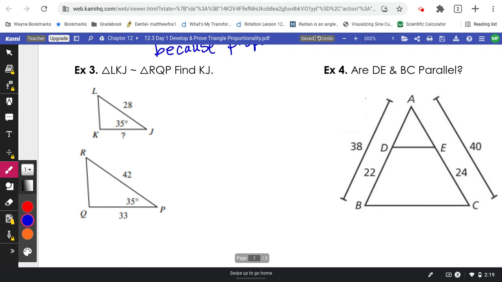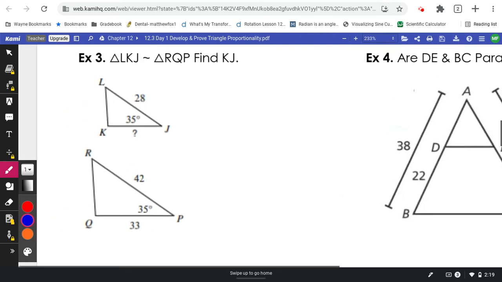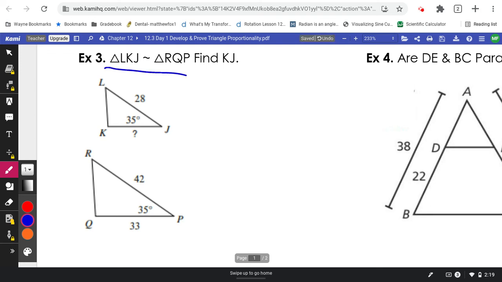Down here is a little different. We don't follow that proportionality statement, but we will see right here that they are similar. If they are similar, hopefully remember that the sides are proportional, the angles are the same. So P right here is the same as the J. Okay, they're both 35 degrees. So I have an x right here.